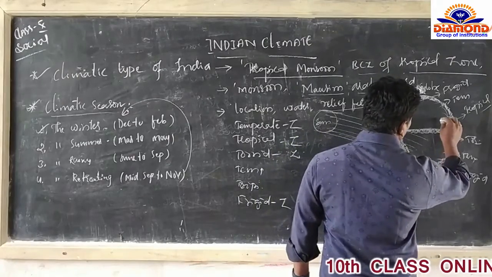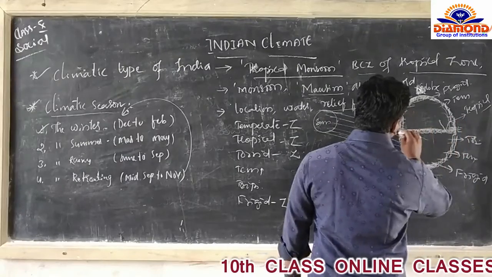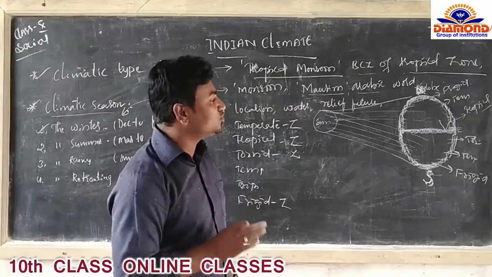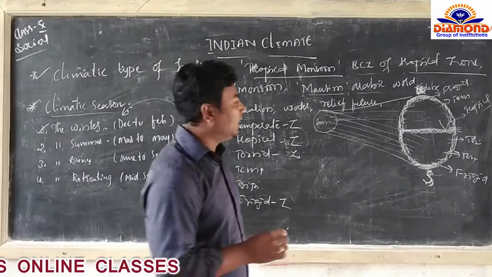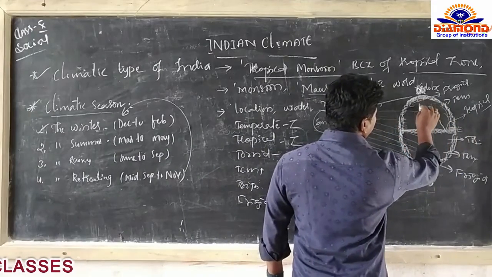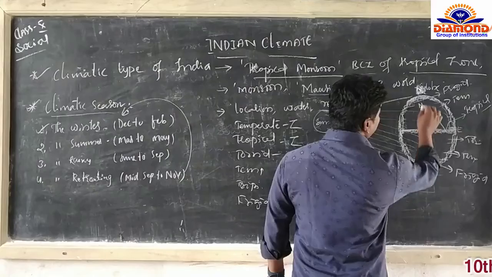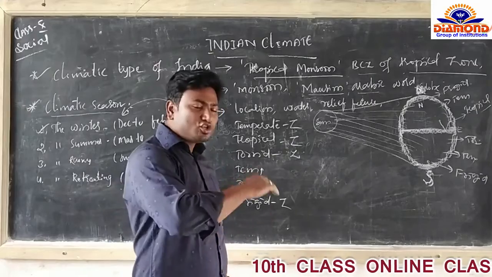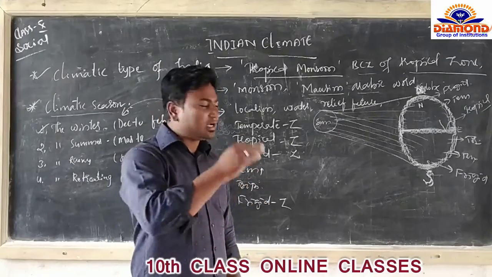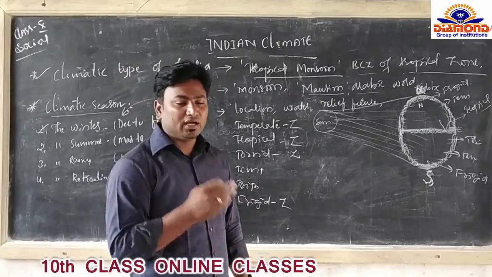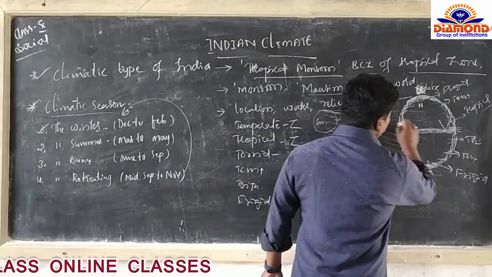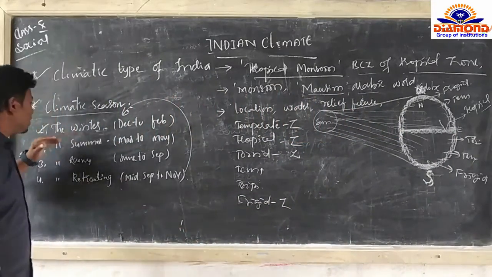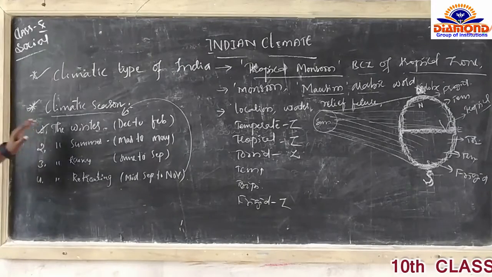So at this period, when India is not receiving the direct rays of the sun, what is happening? The northern part is receiving lower temperature. At this moment, India is receiving cold winds. That season begins in India from December.